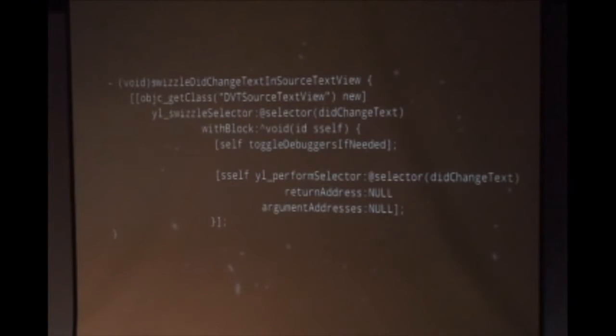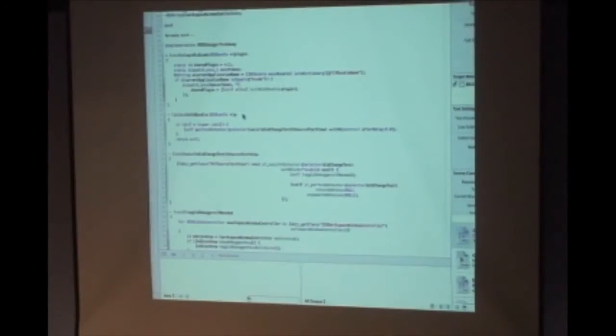So we get back to our implementation of our method, which we can now understand. On every instance of DVTSourceTextView, we swizzle the didChangeText method and replace it with a block, which calls our toggle debuggers if needed method, and then the original implementation. So now we can see the plugin in action. If something gets typed, the debugger gets hidden.